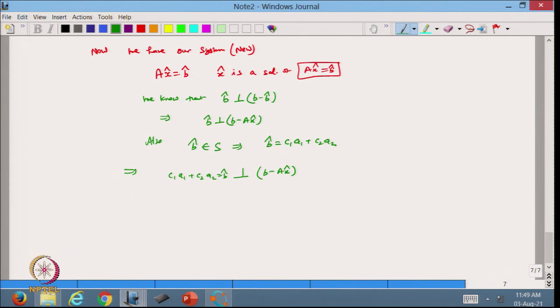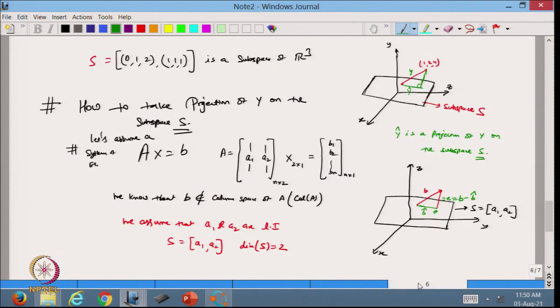Very easily I can write that A1 and A2 are lying in the subspace, and this error vector is perpendicular to the whole S, because this is making the right angle triangle here.